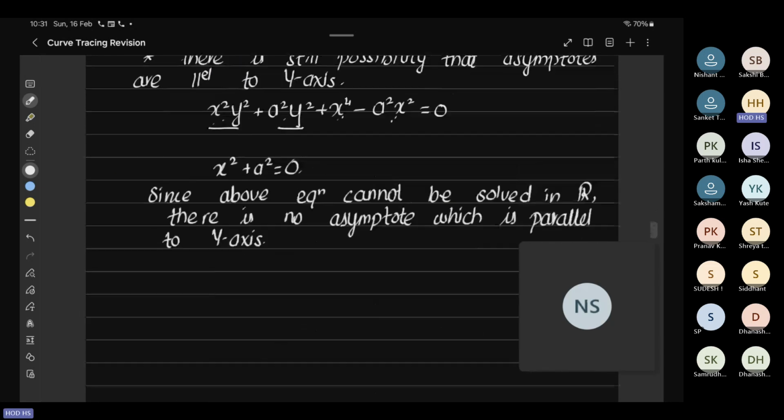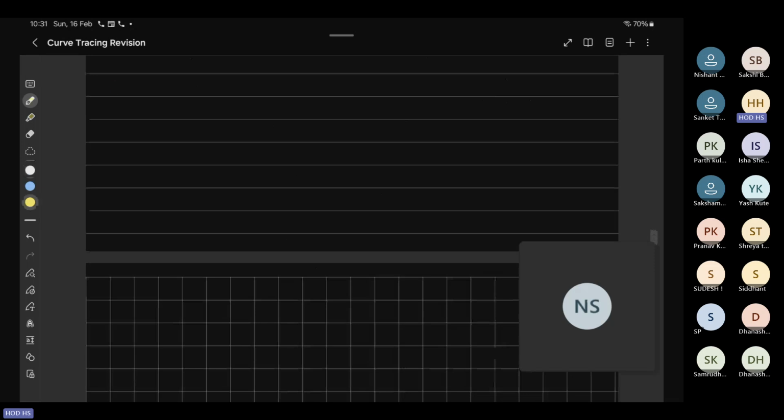So we can conclude that this curve has no asymptote.